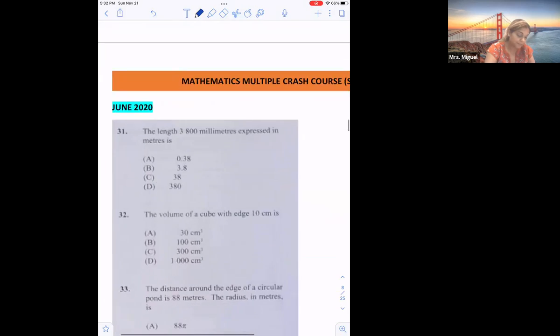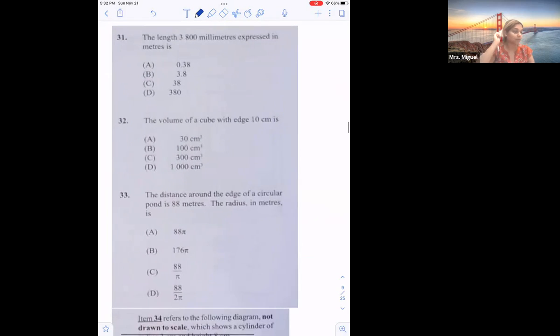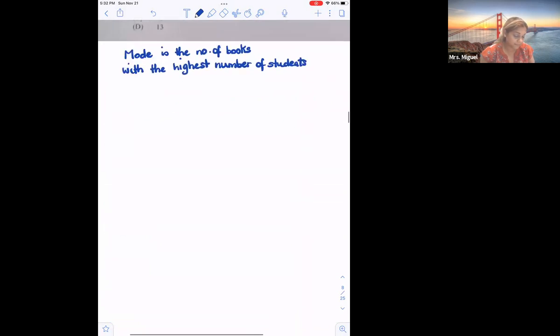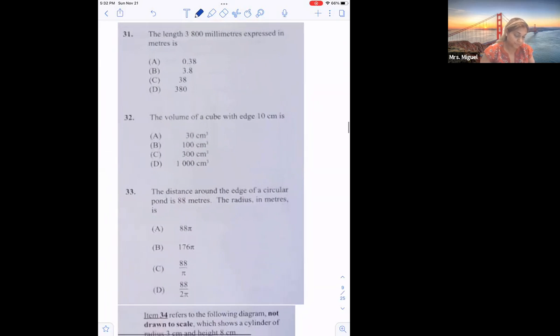Number 40, the length. Oh, 40 is missing. All right. So the length 3,800 millimeters expressed in meters. So 1 meter is equal to 1 over 1,000 millimeters.